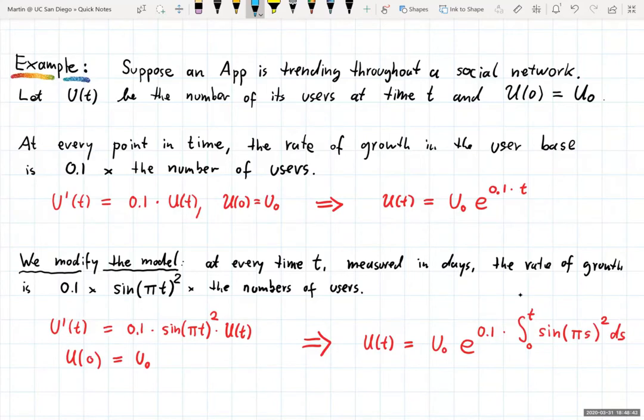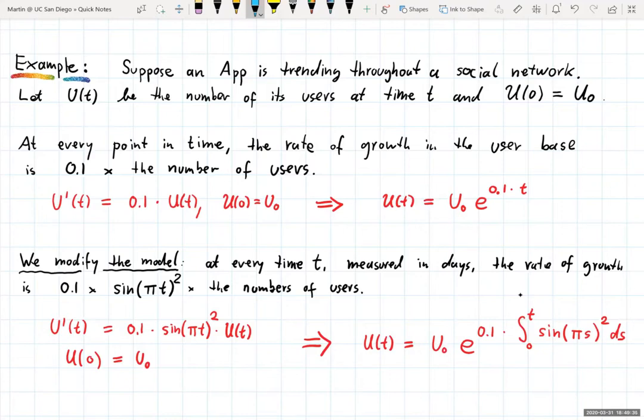If we write this down in terms of a differential equation, then what we get is u prime of t equal 0.1 times sine of pi of t to the square times u of t. Now, the differential equation can be solved with the formulas that we discovered in the previous video.